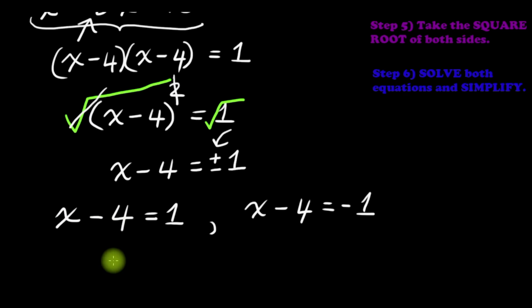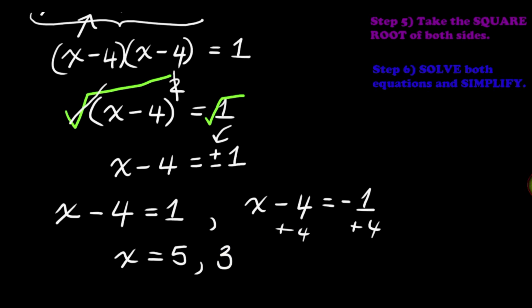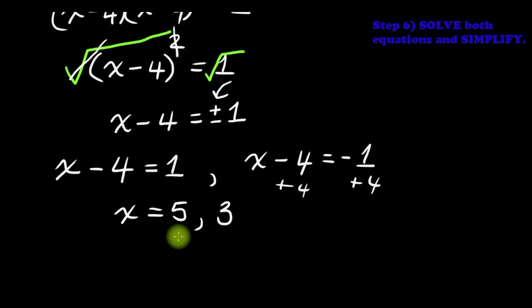When you solve this, you add 4, so you get 5 for this one. And then here you add 4 as well, so negative 1 plus 4 is going to give you 3. Okay, so those are your two answers. x can be 5 or x can be 3.